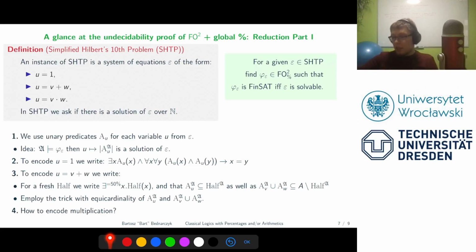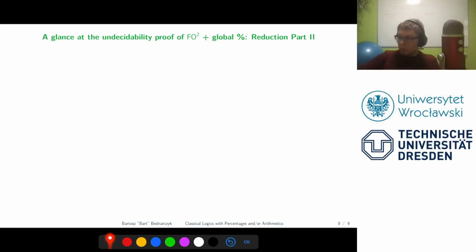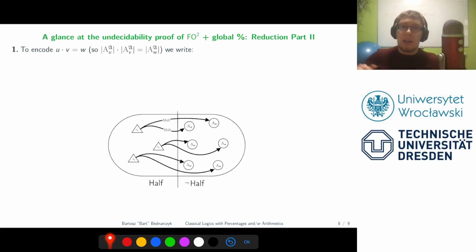And then the last trick is how to encode multiplication. We do that similarly as in the mentioned paper by Bader et al. To encode multiplication, that U times V is equal to W, we proceed as follows. First of all, we introduce a fresh unary predicate. We label half of the elements with half, and the other elements will not be labeled with half.